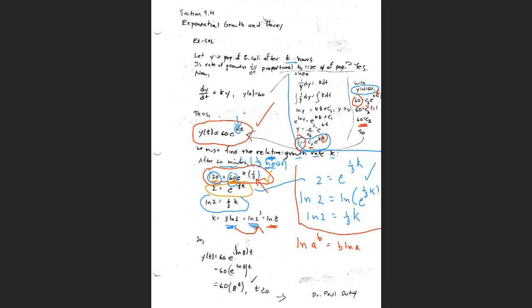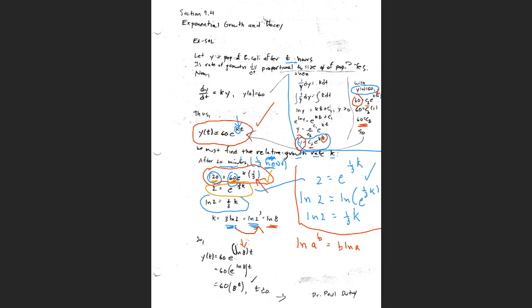Right, natural log of 8. So this here is my k, and look at what we can do. We can take the log of 8 times t.